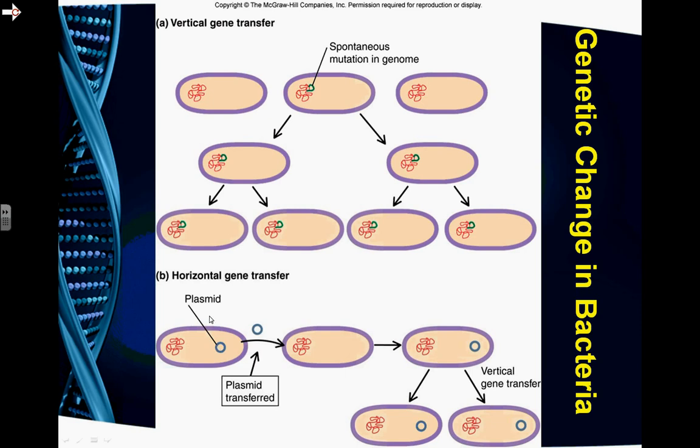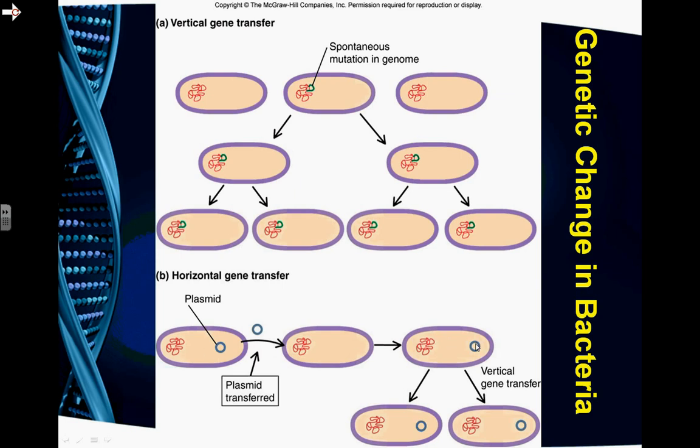But horizontal gene transfer is where this plasmid makes its way into a different cell. It doesn't have this plasmid. See, there's no plasmid over here. But once horizontal gene transfer happens, then this cell does have the plasmid. So that's horizontal gene transfer, just like the horizon going side to side.